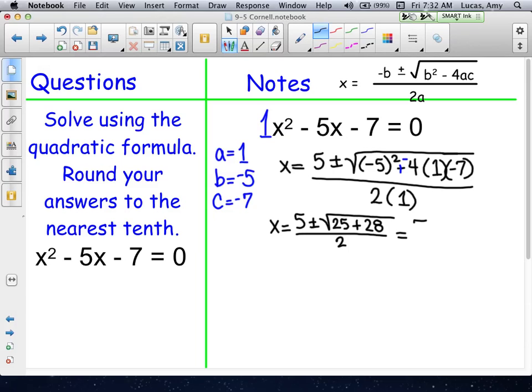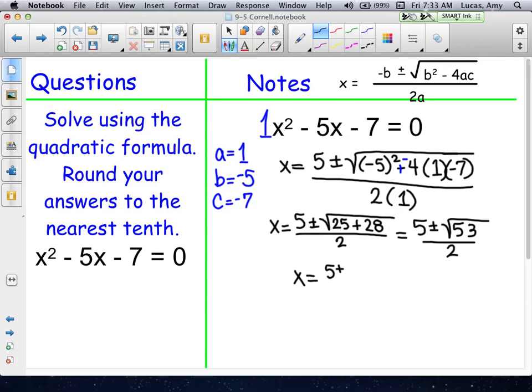So, under the square root, I can add together 25 and 28, and I will get 53. Next, I need to take the square root of that 53. Since our directions said that we wanted to round to the nearest tenth, that would give me 7.3.